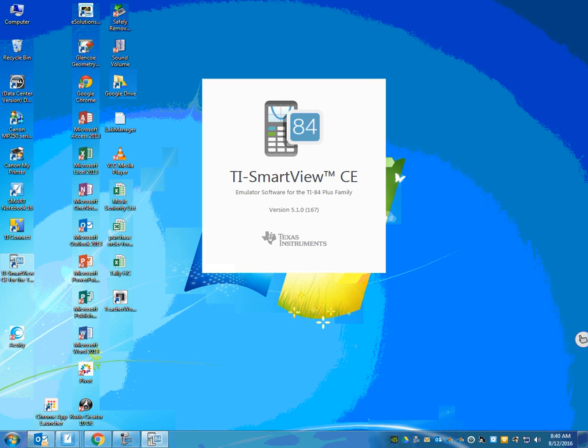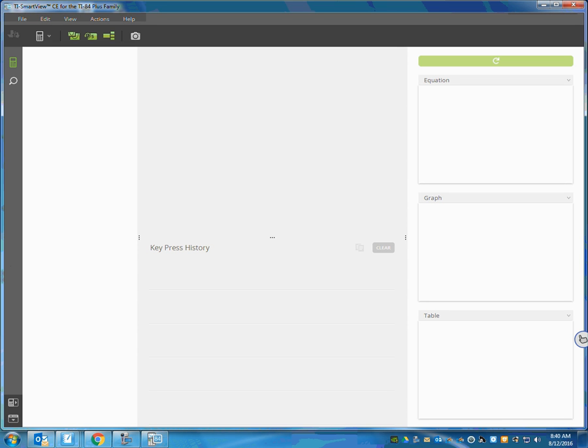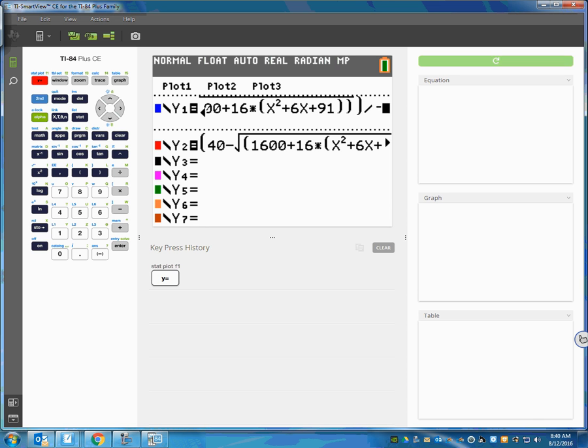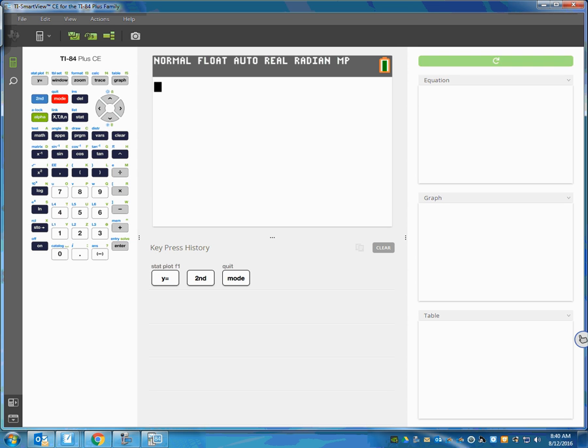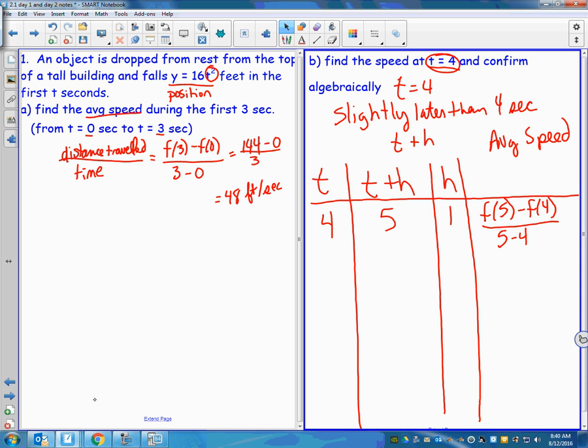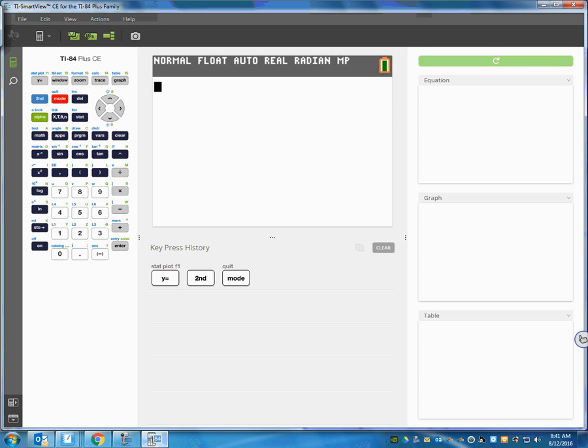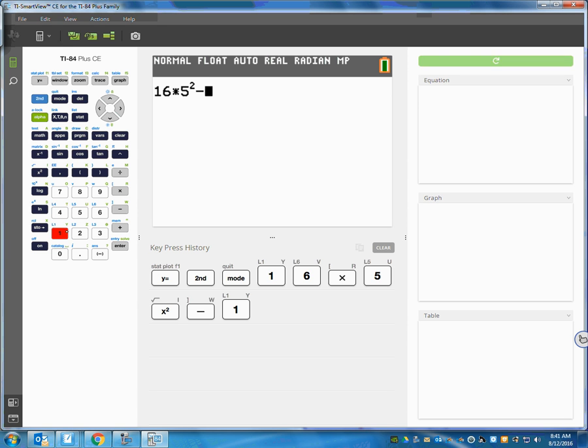So we're going to do f of 5, where it's 16 times 5 squared, minus 16 times 4 squared, and 5 minus 4 is just 1.